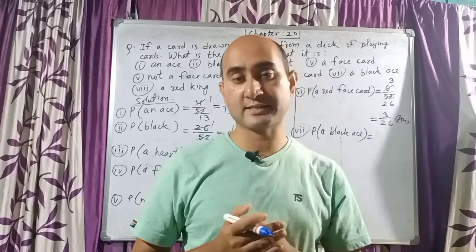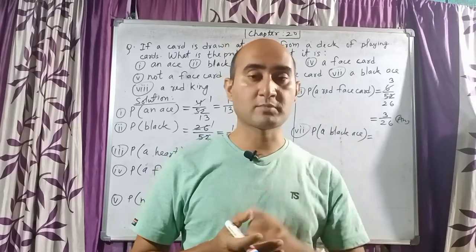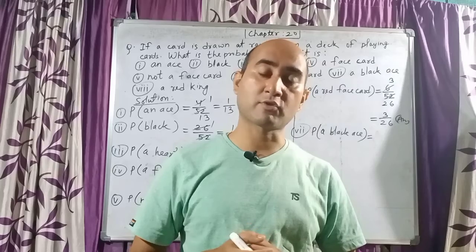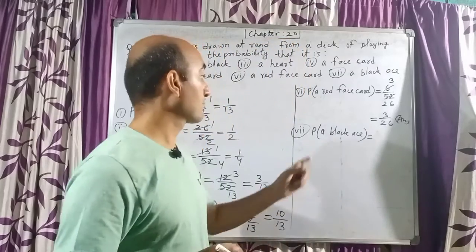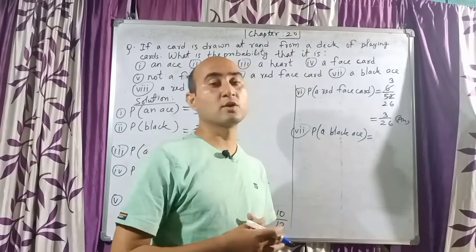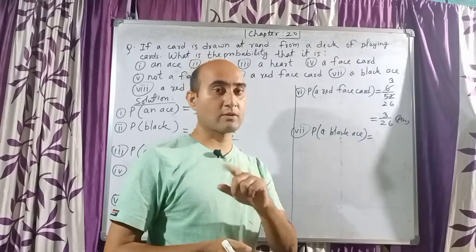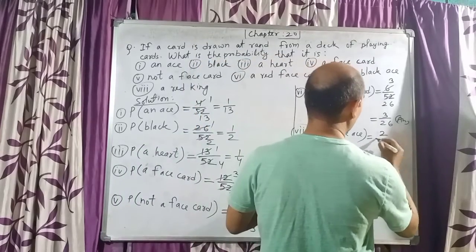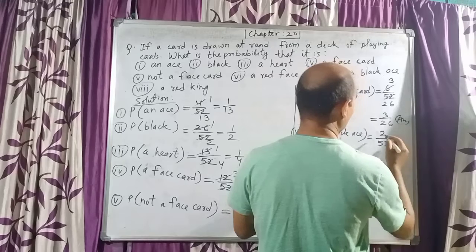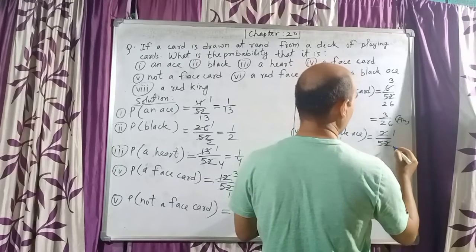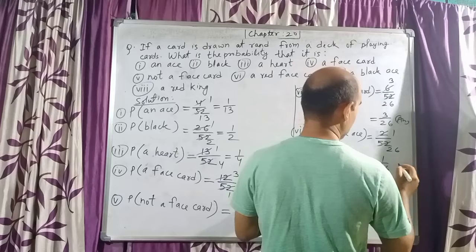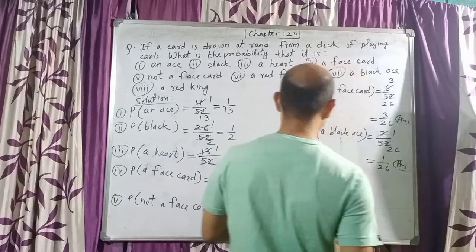So there are 4 ace cards, 1 from spade, 1 from club, 1 from heart and 1 from diamond. But black ace, there are 2 black aces, 1 from spade and 1 from club. So I can write 2 out of 52. If you cancel, 1 by 26. 1 by 26 is our answer.